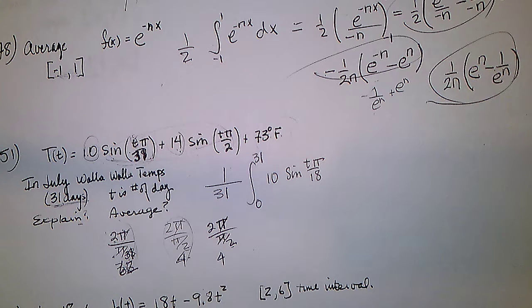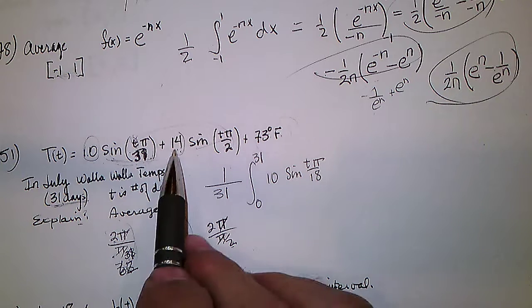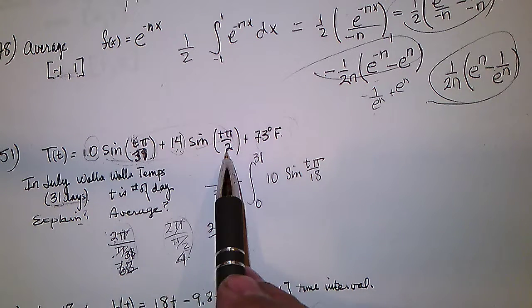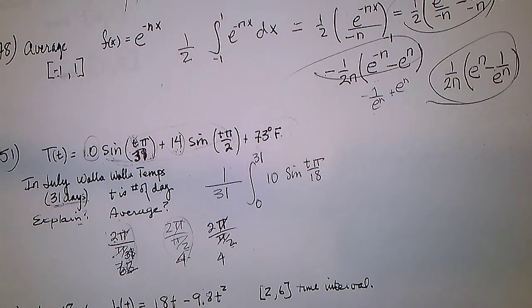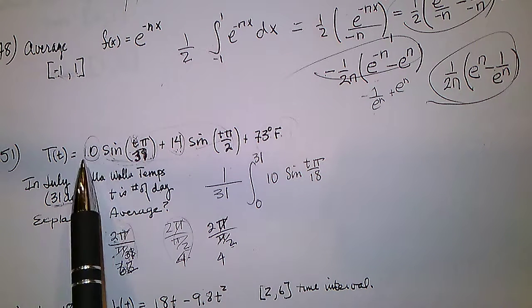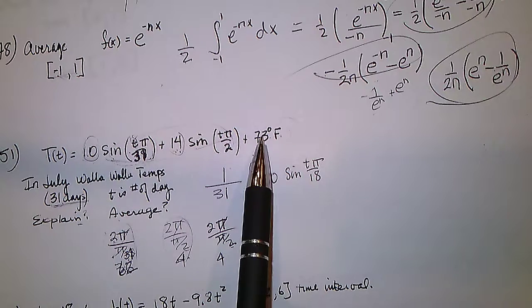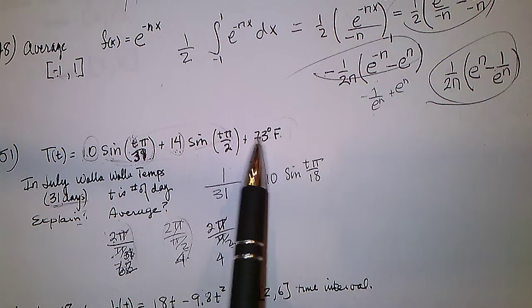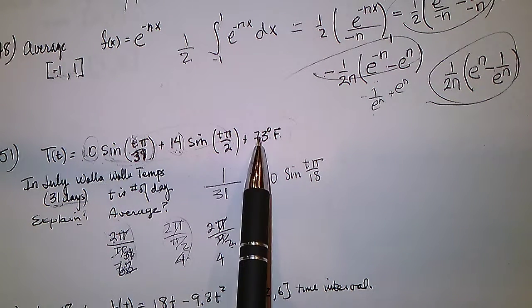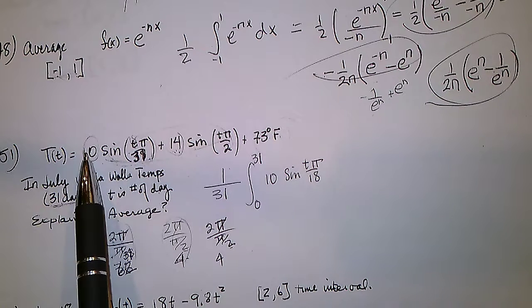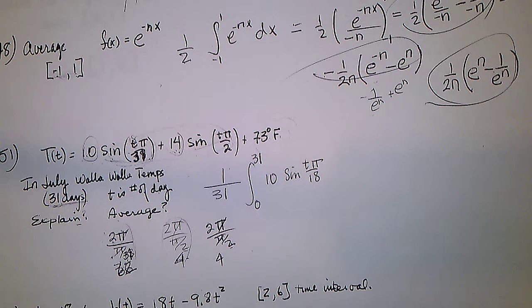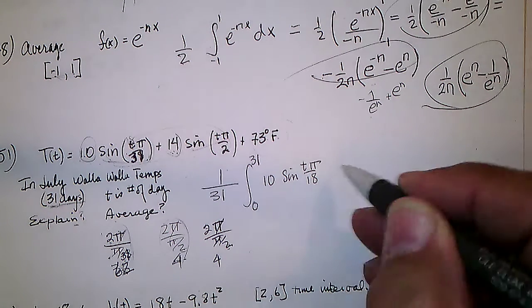Am I doing something backwards? Because I think it should be every half a day it changes 14 degrees. I think this is supposed to be from morning to evening change. But the overall is it goes up 10 degrees, so the average should be somewhere between 73 and 83, so the average should be about 78. Anyway, let's go ahead and do this.